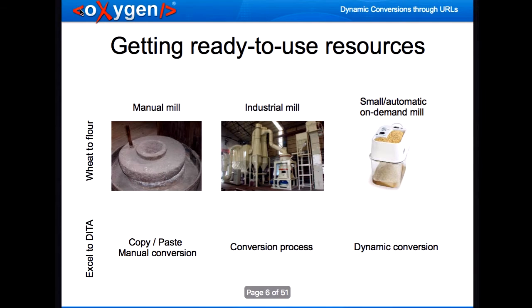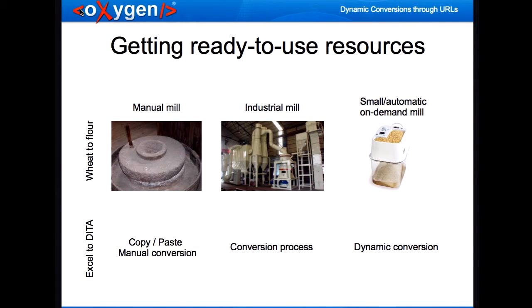So the solutions are, you need to get from wheat to flour, right? You can do that manually. Like if we go back to our XML part, let's say copy paste from Excel to an XML document. So you create a table by hand, taking the data from the Excel file. You can do that in an industrial way.